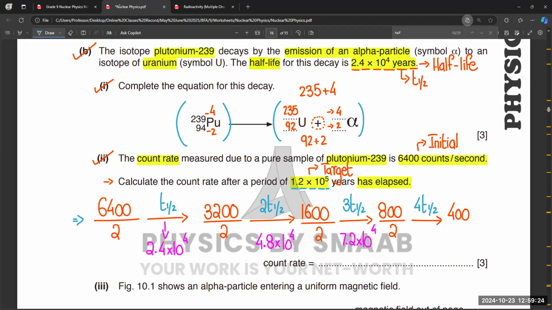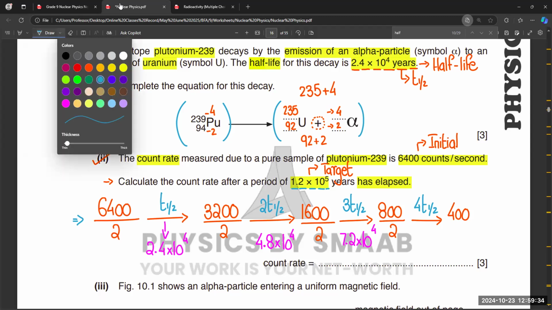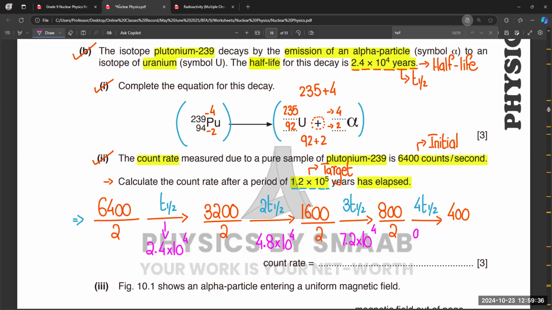After the fourth half-life, we need to add again the same value, 2.4 exponent 4. We are getting the answer 9.6 exponent 4, right? It's still not the targeted value. It means we need to perform one more half-life.